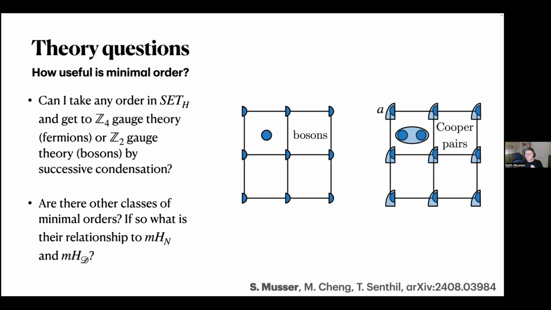Because if that assumption is true, that every SET is constructed from the minimal one, then every SET that could emerge, which you can test with the anomaly argument that you've put a lot of thought into developing, there should be some connection there. So if every SET that can emerge has some, say, Z2 gauge theory hidden inside of it, then maybe you can see this with the anomaly matching argument.